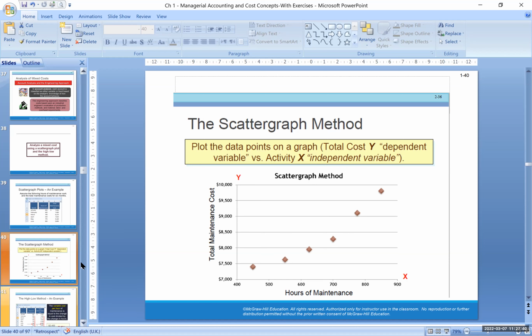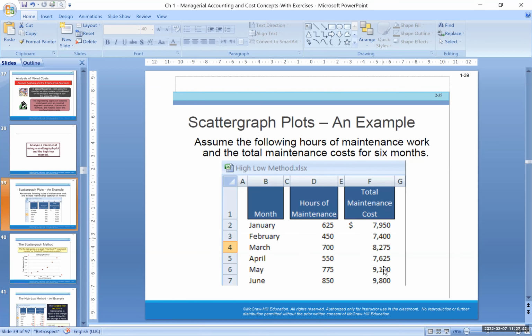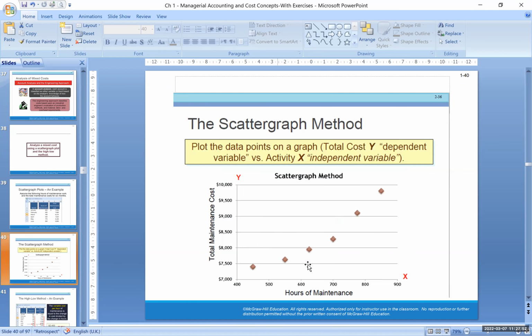The y-axis, we will see the minimum cost from the question, total maintenance cost. So we have 7,400 as the minimum. We can classify the y-axis from 7,000 up to 10,000, which exceeds the maximum one.